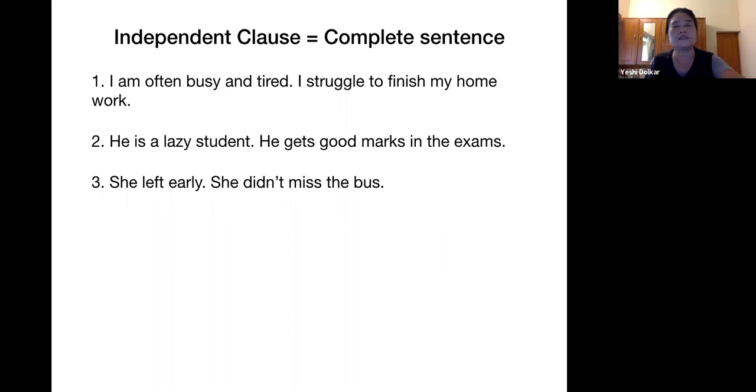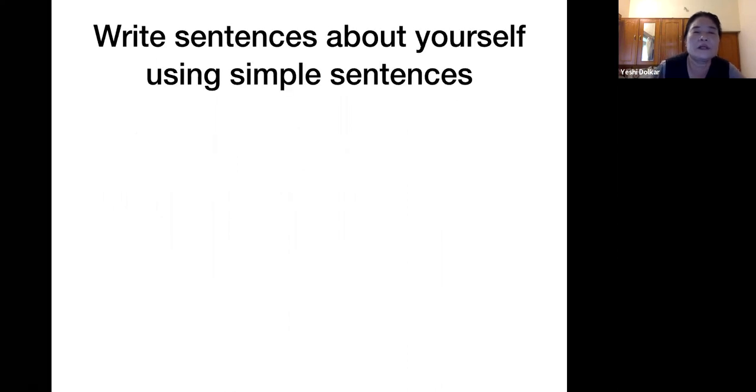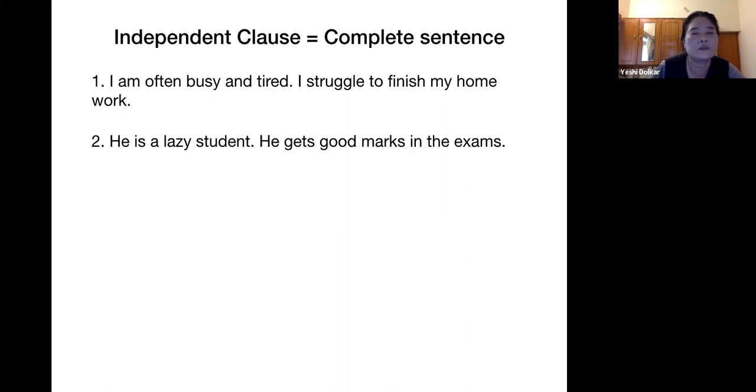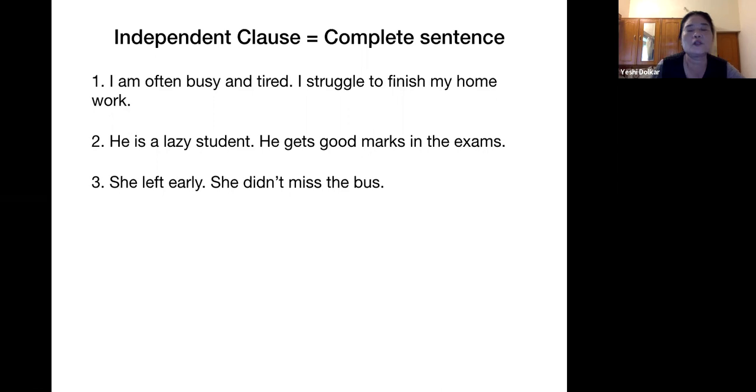It's a complete sentence. They are all called independent clauses or complete sentences. We finished with this. These are just a few examples of complete independent clauses. Or you can call these simple sentences, because simple sentences are independent clauses.